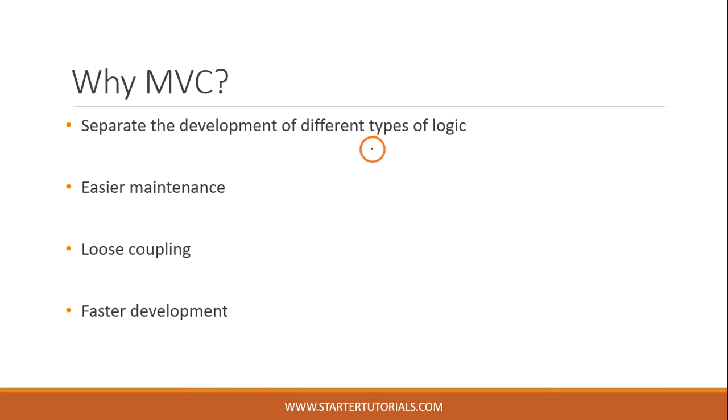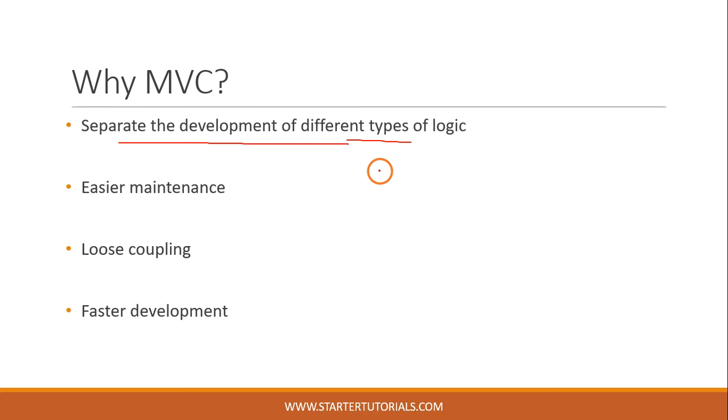Now why do we need to use different types of logic and different types of components like model, view, controller? So the first thing is to separate the development of different types of logic. That means a person who knows only JSP can work with the view component.